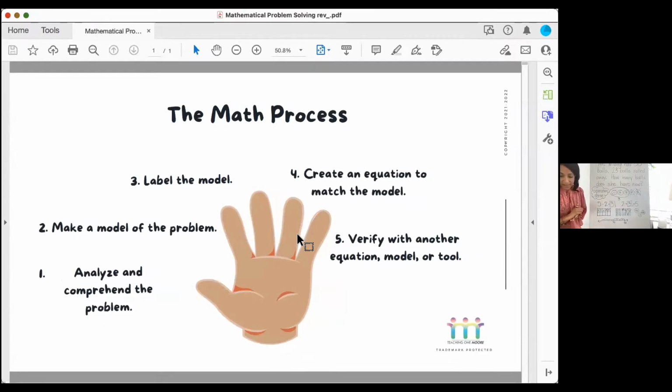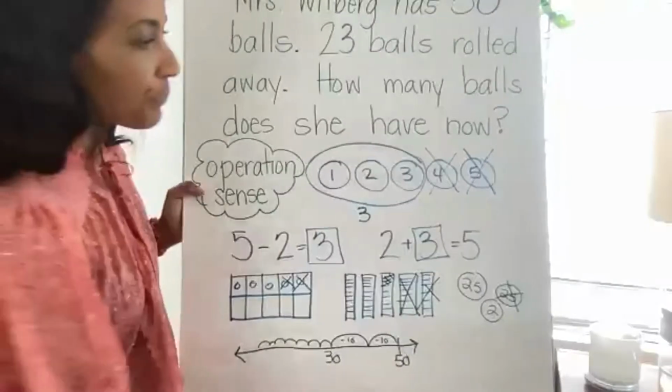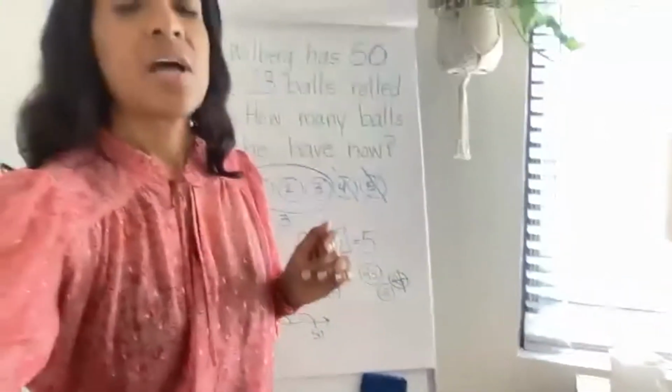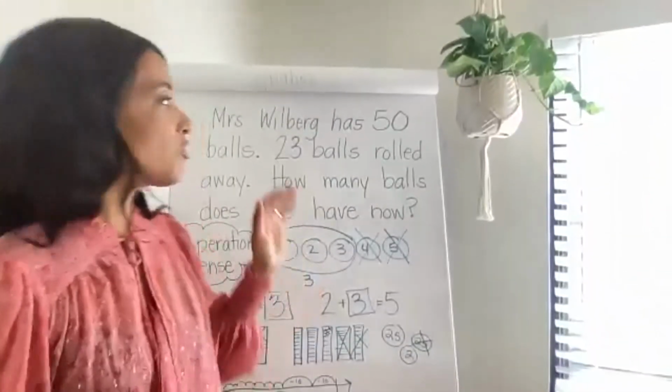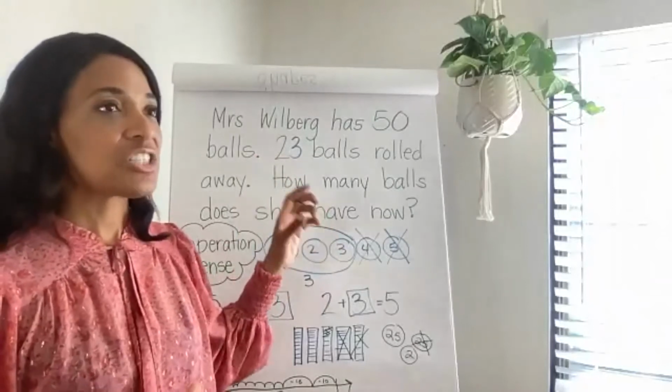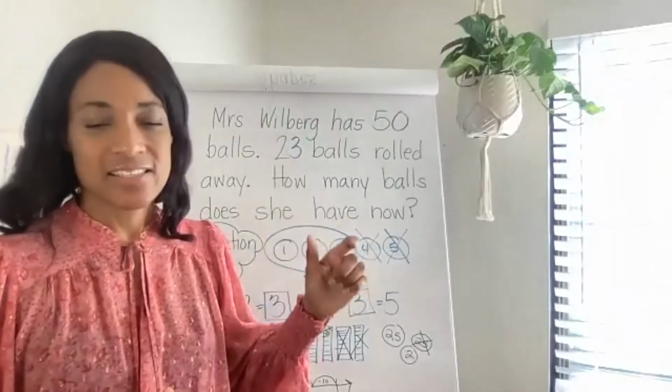One of the bigger ideas that I pushed with teachers this morning, and we really dove into, is this first one, analyze and comprehend the problem. I want to talk to you about that because I think it's something you can do at home. Oftentimes in a CGI classroom, we give kids word problems because it teaches kids what math is.